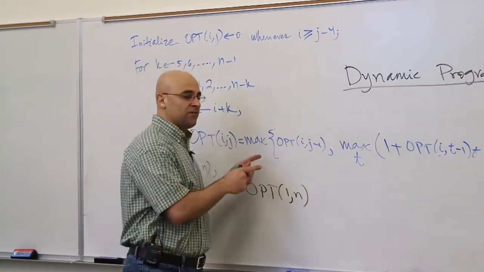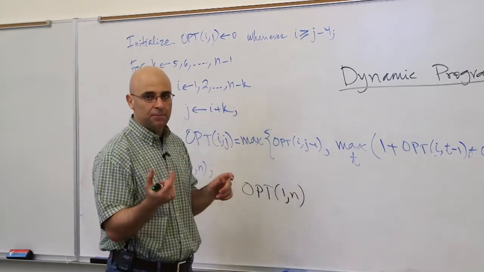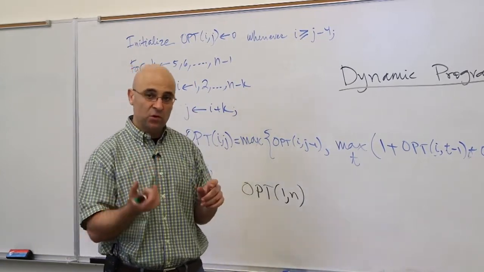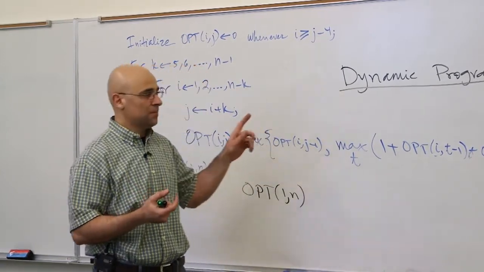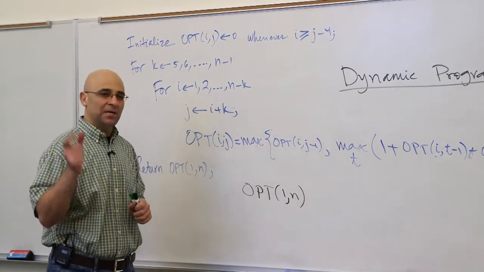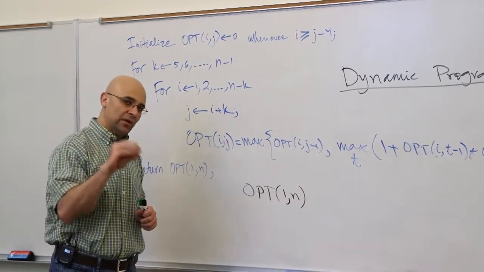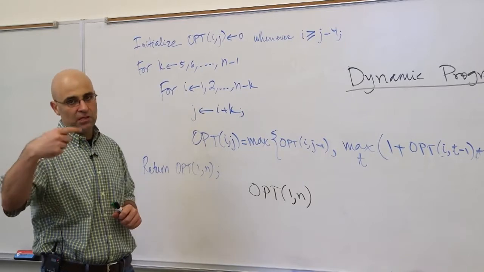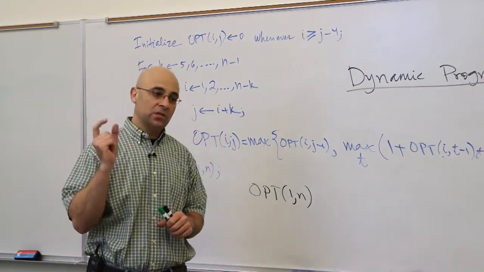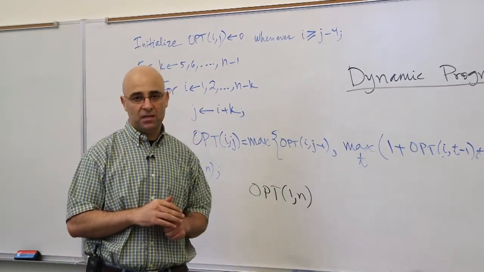The gain comes when the same subproblem needs to be solved over and over. With dynamic programming, we solve it only once, store it in a matrix, and every time we need it again, all we do is look up the value in the matrix.